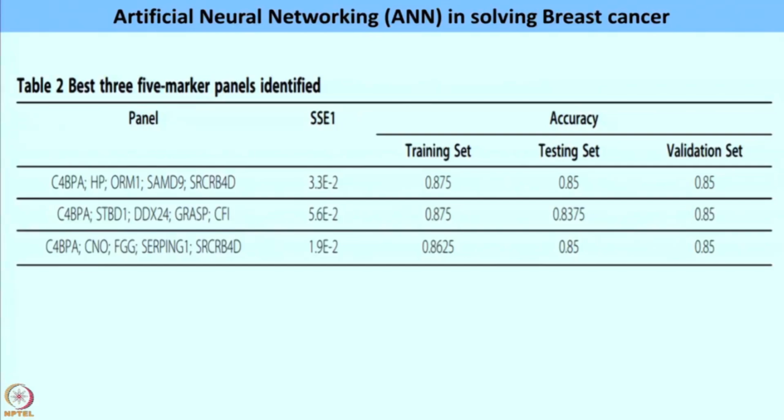Further, these panels were taken forward and checked in a large cohort of samples to validate the data. So, like this, we can use artificial neural networks and different machine learning strategies to understand and predict top candidates that are playing a key role in tumorigenesis and further development of cancer.